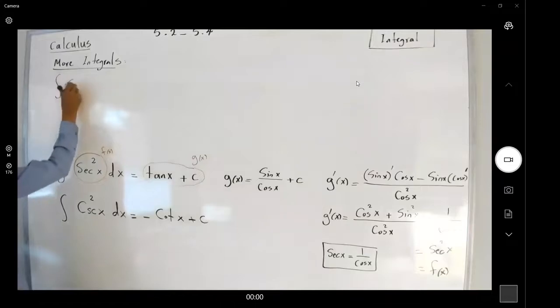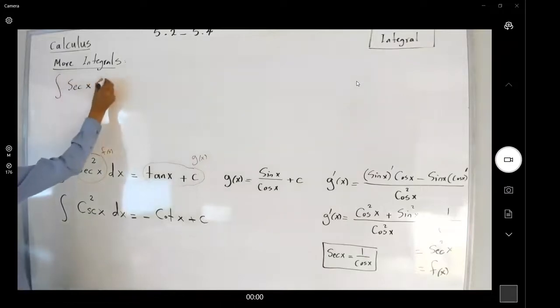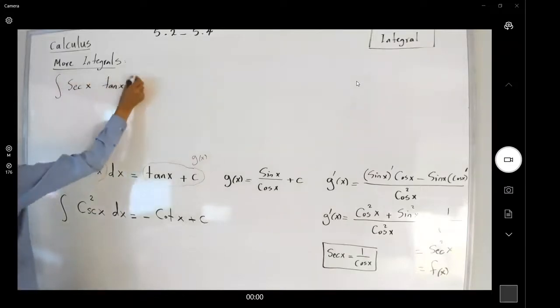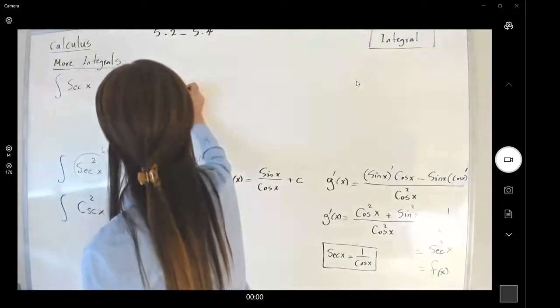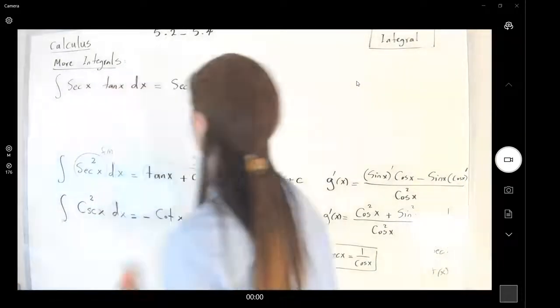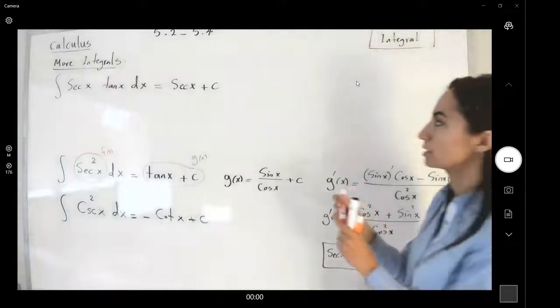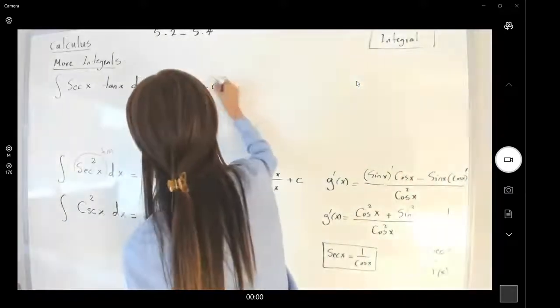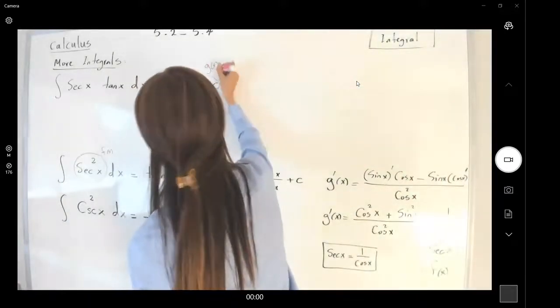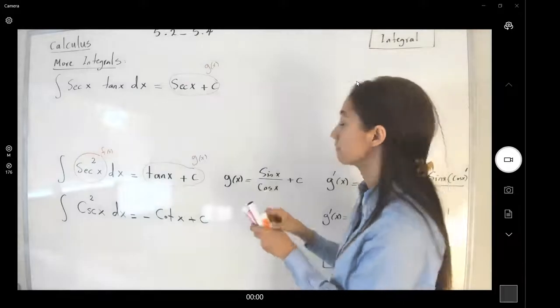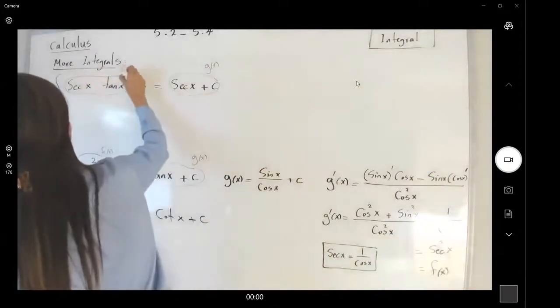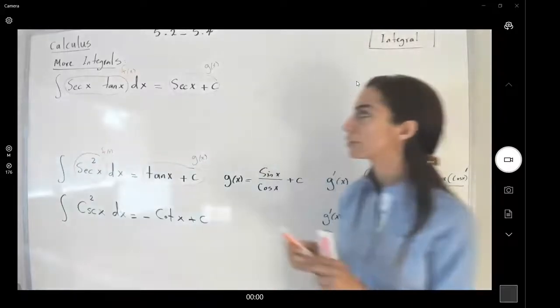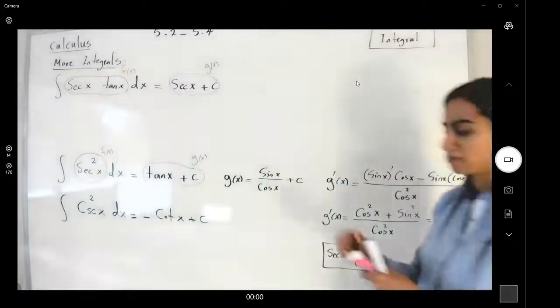Now the integral of secant tangent. The integral of secant x tangent x dx is equal to secant x plus c. The same approach: here you have your function g, and here you have your function f. By taking the derivative of g, we show that it's equal to f.